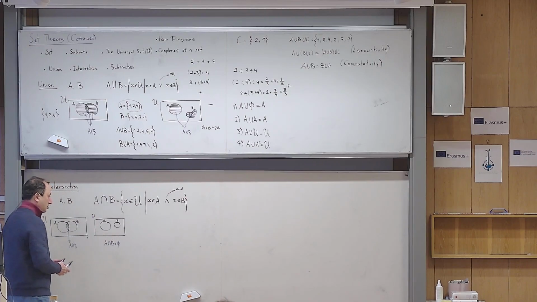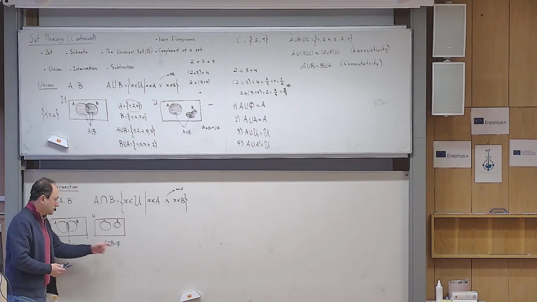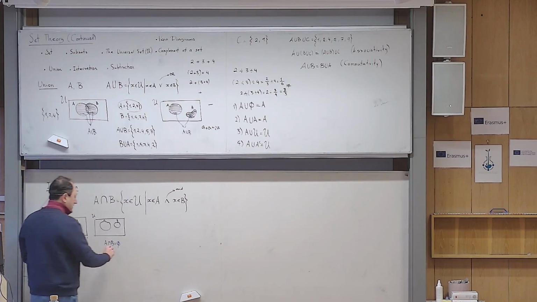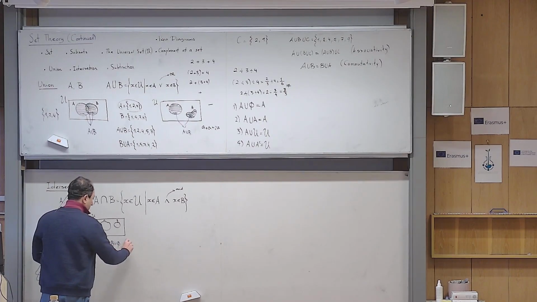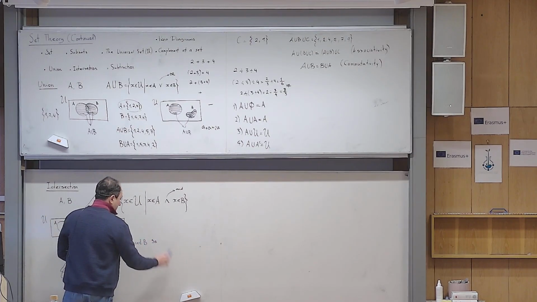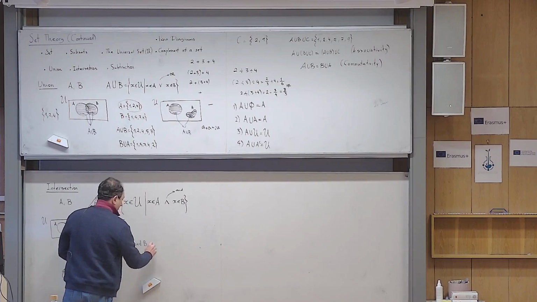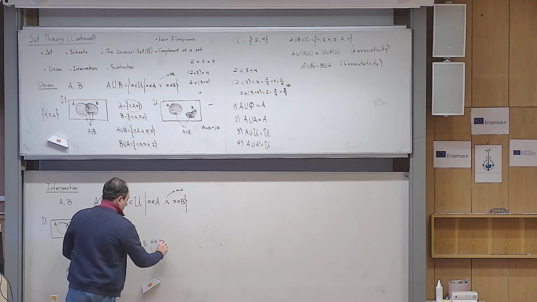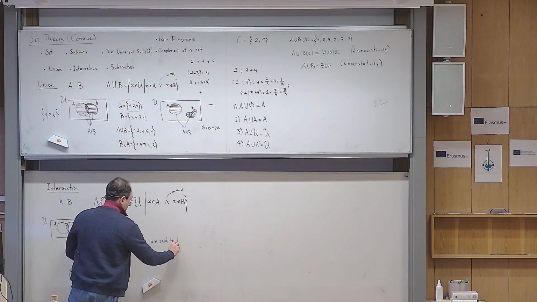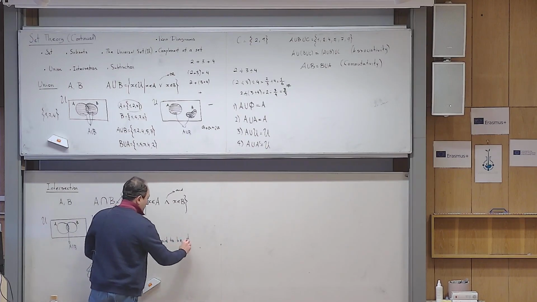If two sets are in a way that the intersection is empty, we say that the sets are disjoint. Okay? A and B are said to be disjoint sets.